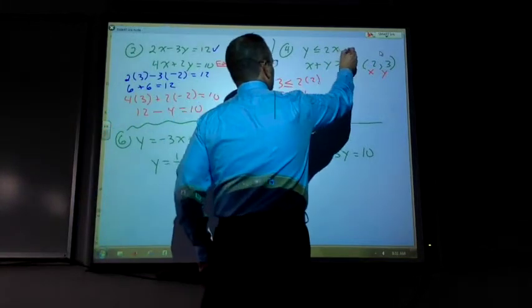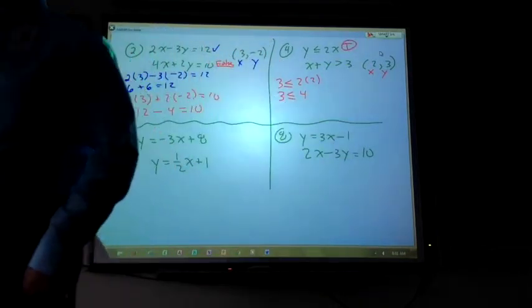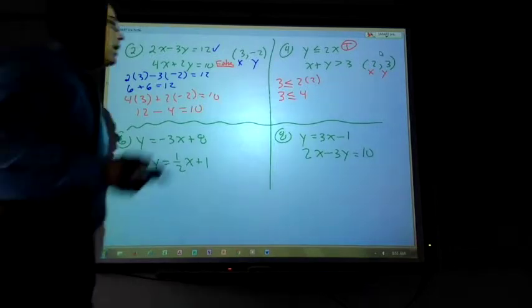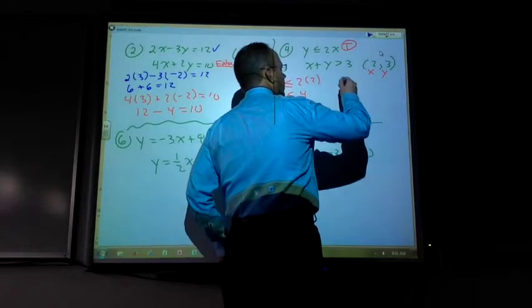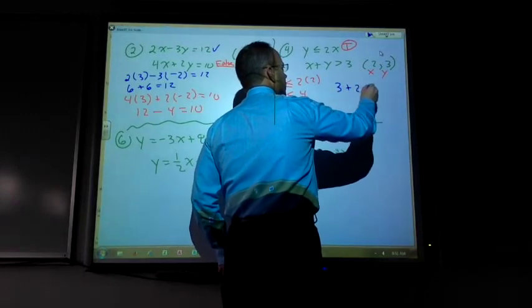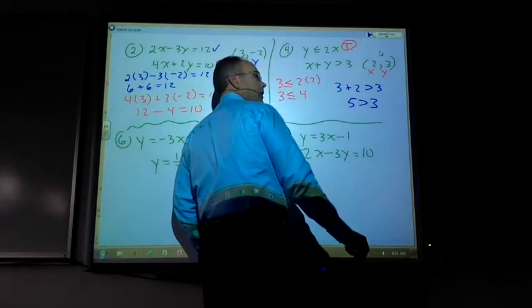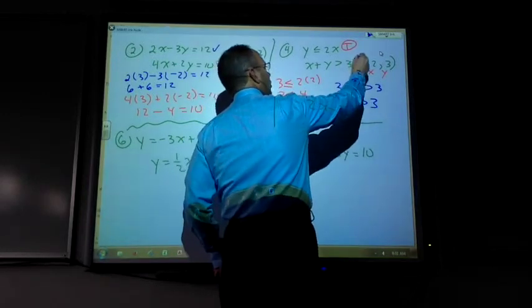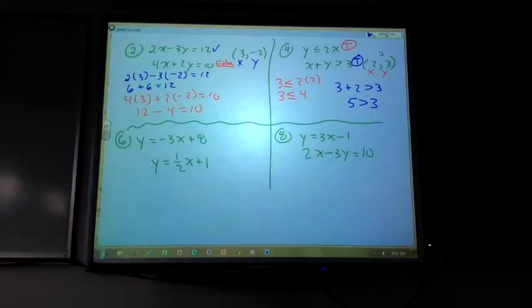So this gives me a true statement, which means that's in the appropriate portion of the shaded region for that one. Let's check the second one. Three plus 2 is 5 greater than 3. Yeah, that's also true. So is 2 comma 3 part of the shaded region of these two lines?